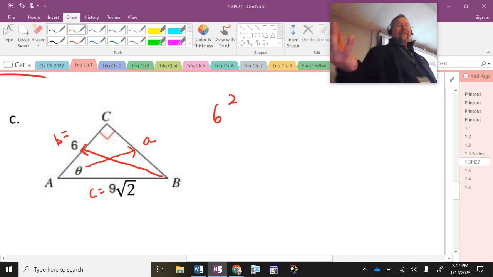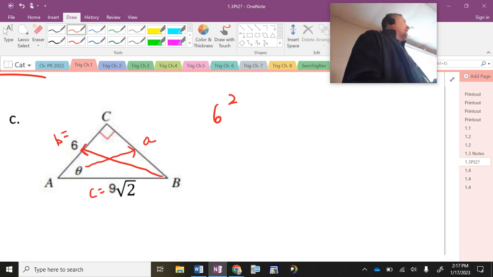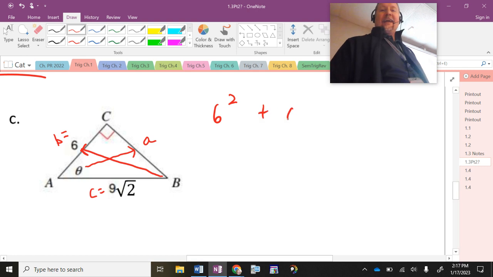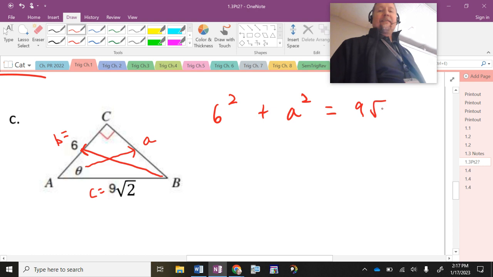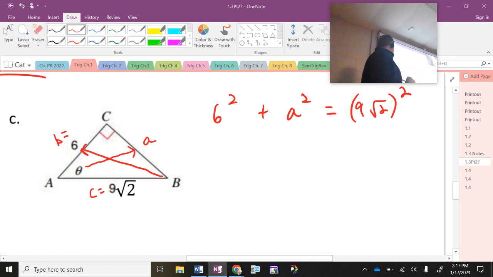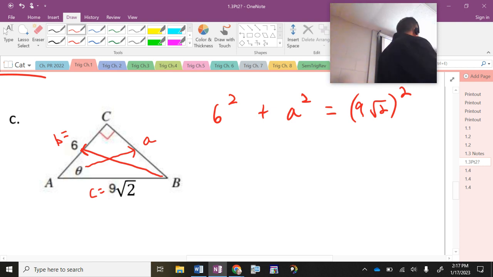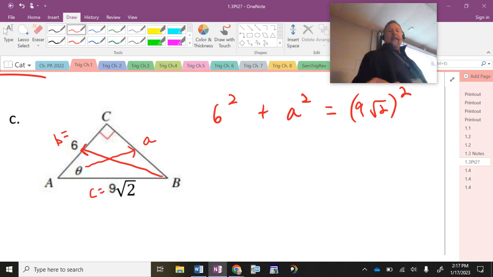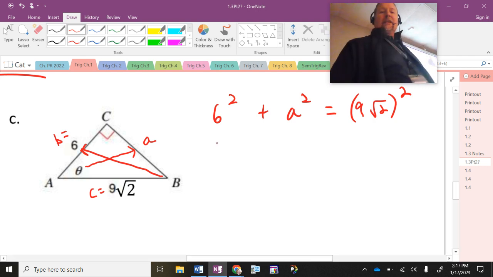What's the square root of 25? Yay, we got something. All right, plus a squared equals, what was this theorem, by the way? Pythagorean. All right, so a squared plus b squared equals c squared. The hypotenuse is c. And then this is where this is going to be annoying.